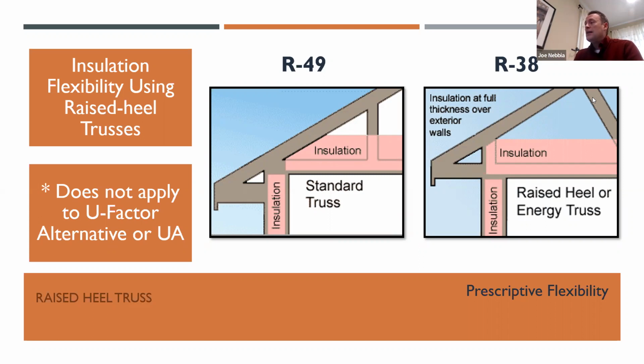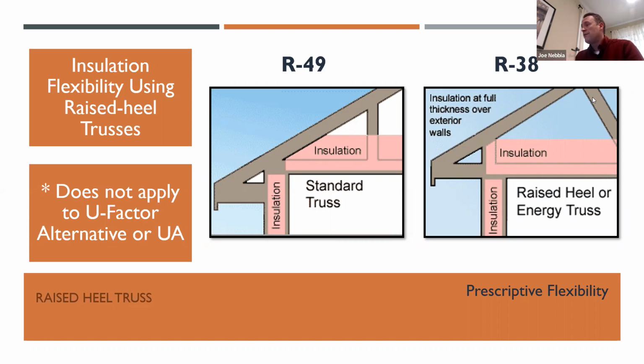But the code says if I can keep an R38 uncompressed all the way across the attic and over the top plate at the eave, then I can use an R38 instead of an R49 and still use that R value table. I don't have to use some sort of trade-off to do that. So keep that in mind.